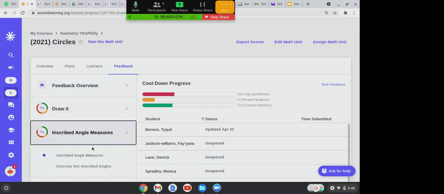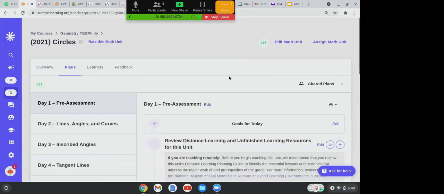In inscribed angle measures, you should have some resources. In the resources, it's called similarity returns, and it will look like this.